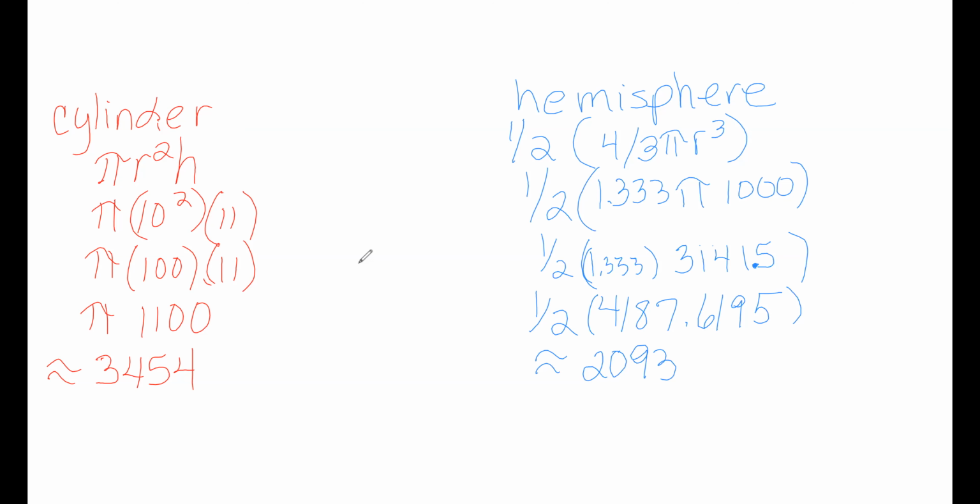So what you're thinking is that 2,093 plus the cylinder, the 3,454, and you're saying it's about 5,547. But again, we didn't have to come up with that to get D in this particular case, because as soon as we got halfway through, it made the answer obvious.